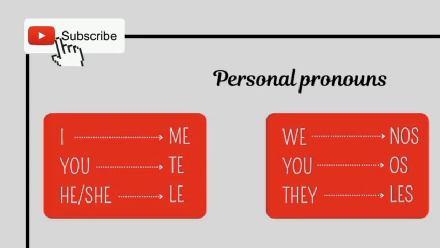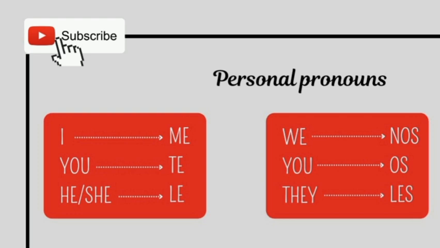You couldn't find the word tú in the sentence, right? But you did find te, a personal pronoun. So, that's the key. Pay attention to this. When the subject in English is I, in Spanish you have to use the word me, the personal pronoun me. When the subject in English is you, you have to use the personal pronoun te.